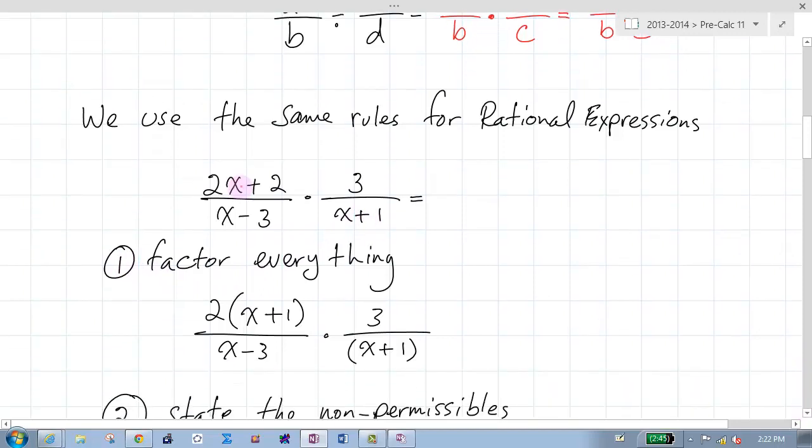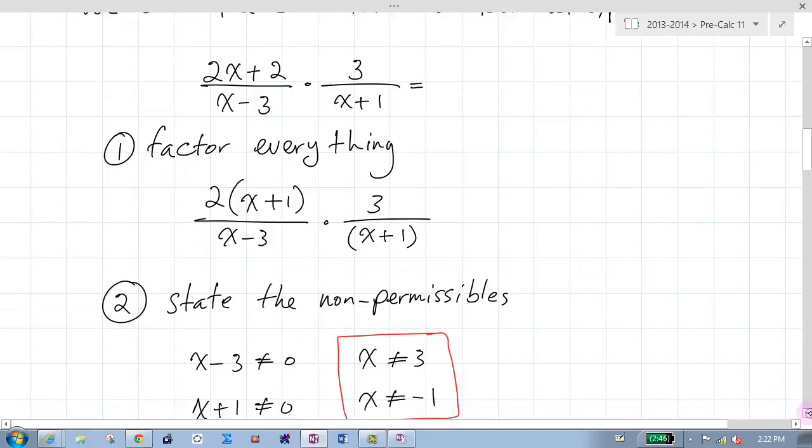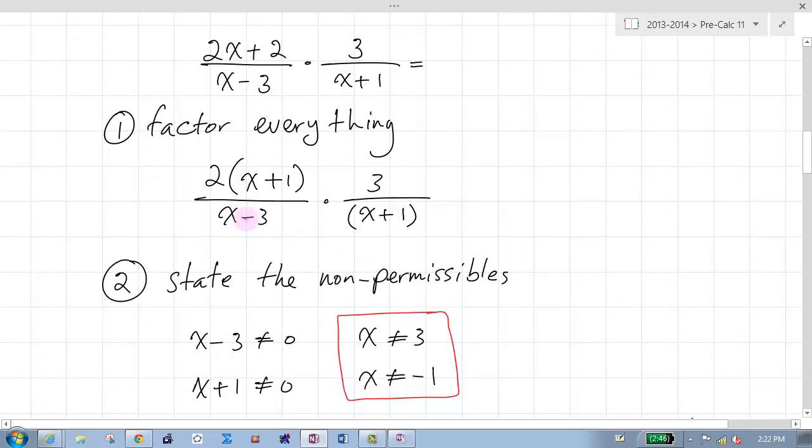In the first fraction, the 2 can be factored out, so this becomes 2 brackets x plus 1 over x minus 3. Second fraction, I can't really do anything, so it remains 3 over x plus 1. Now state the non-permissibles. x minus 3 cannot be equal to 0, so x cannot be equal to 3. x plus 1 cannot be equal to 0, so x cannot be equal to negative 1.